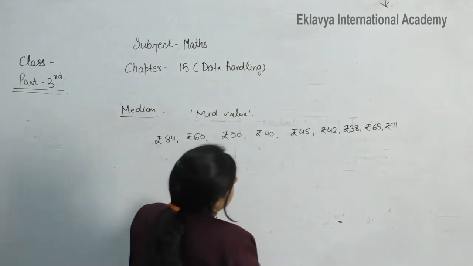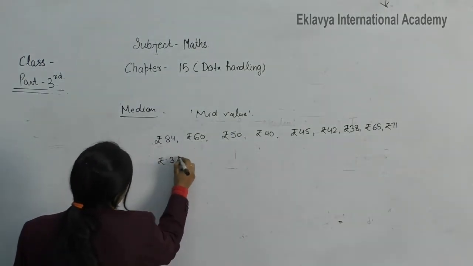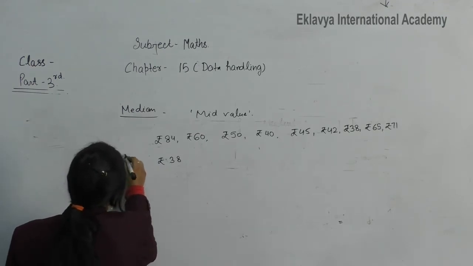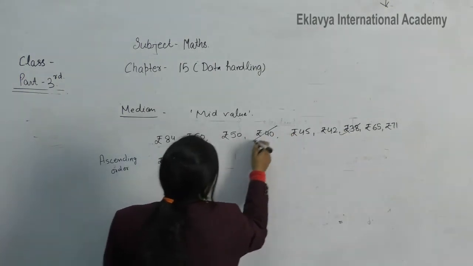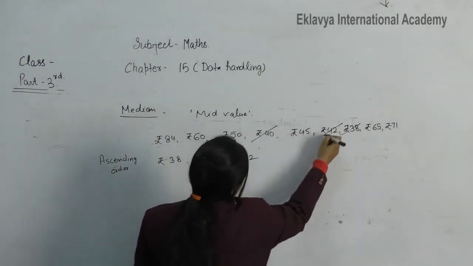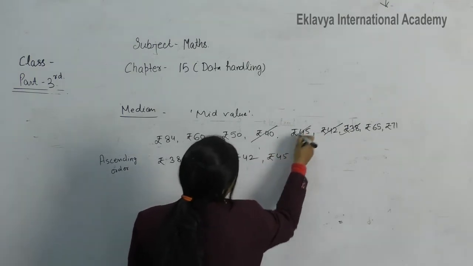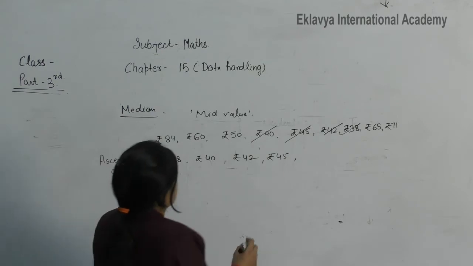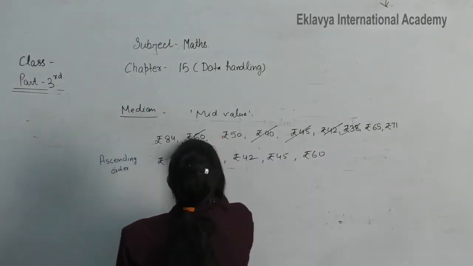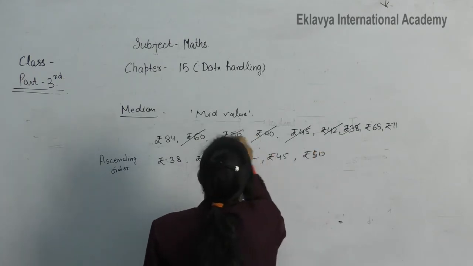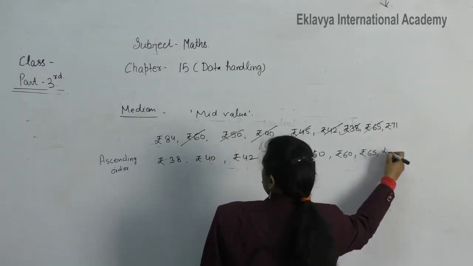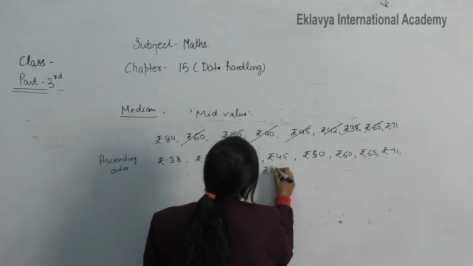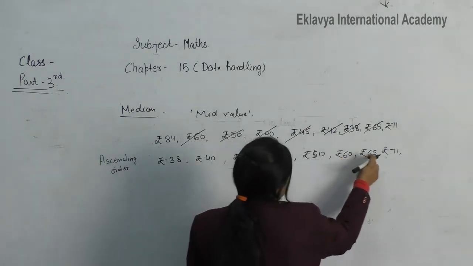The minimum salary here is ₹38, then after that ₹40, 42, ₹45, ₹50, then after that ₹60, ₹65, 71, ₹84. 1, 2, 3, 4, 5, 6, 7, 8, 9.